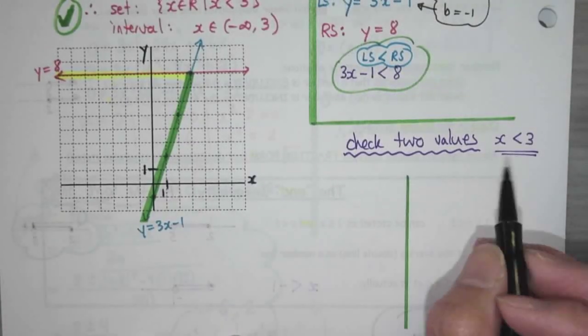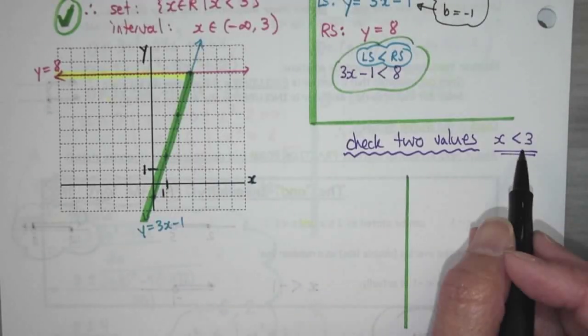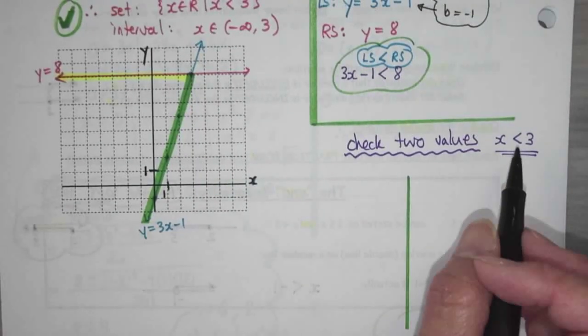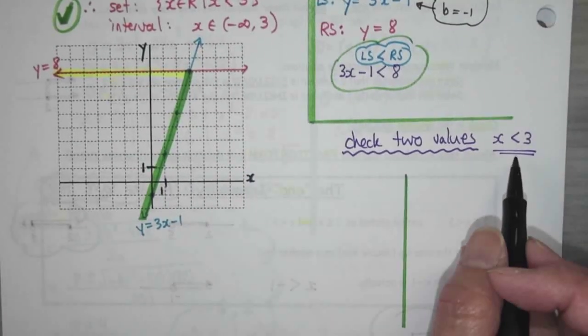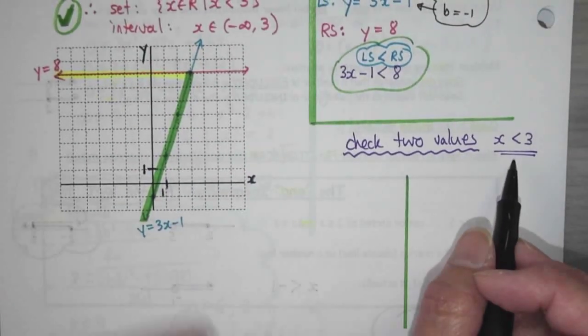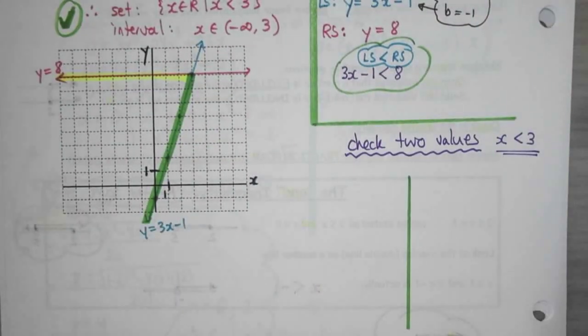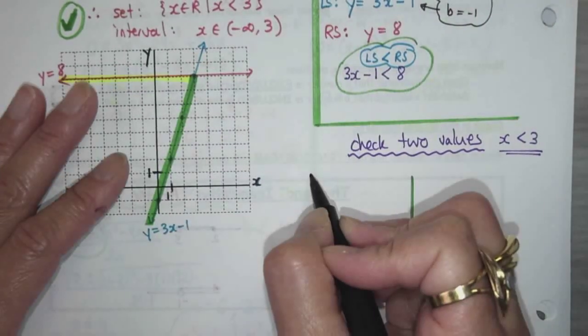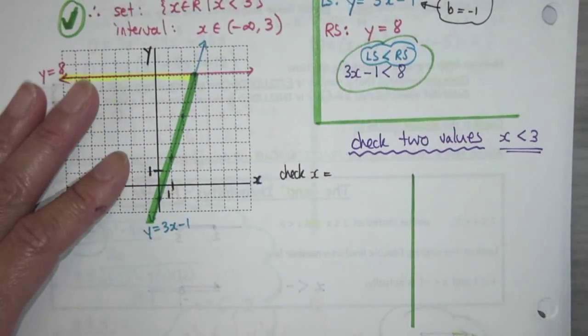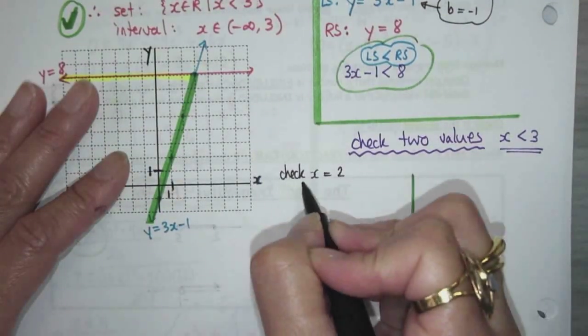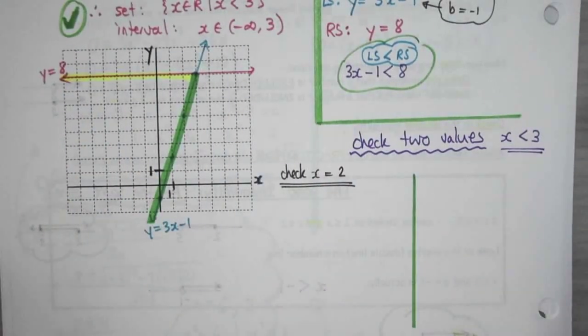So when I check it, what value is less than 3 that I can check? There's an infinite number. So negative 500, negative 7.2. How about just something easy? What would you like to check? X equals, give me a number. 2. Check x equals 2. Okay, really anything less than 3.